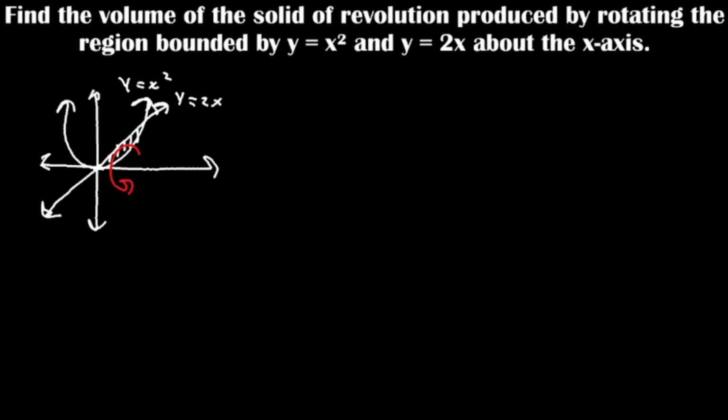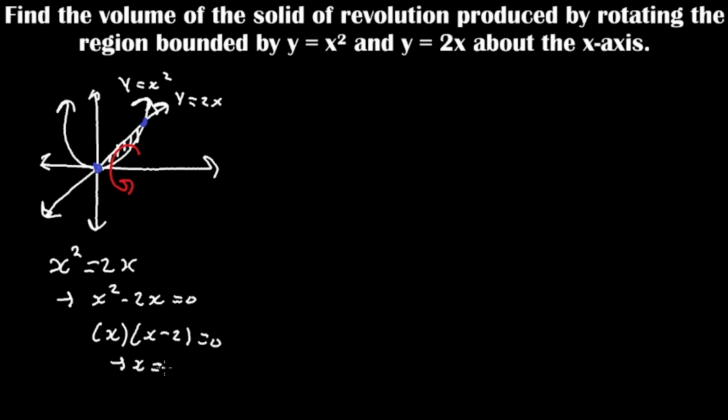Alright, so first things first, let's find our bounds of integration. To do that, similar to the problem earlier about area between curves, we set these two functions equal to each other. So x squared equals 2x. So x squared minus 2x equals 0. So x times x minus 2 equals 0.